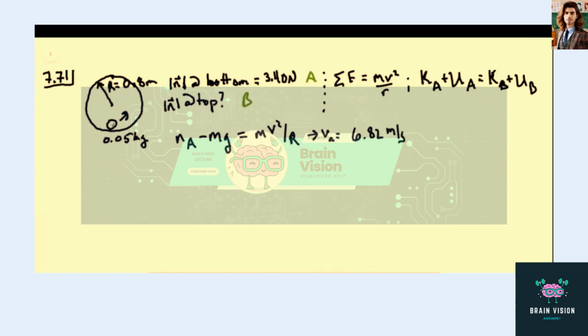If we set A to be our zero point for measuring gravitational potential energy, we just have the kinetic energy at point A, so 1/2 m vA squared is equal to 1/2 m vB squared plus mg times 2r, because it's the radius, so you go the diameter, you're one diameter above where you started, which is twice the radius.